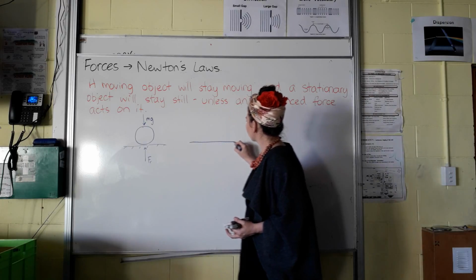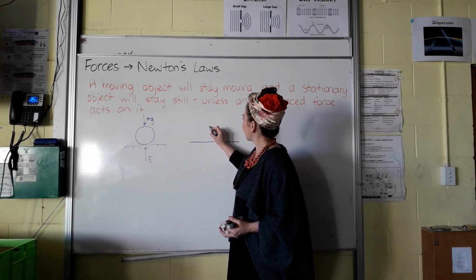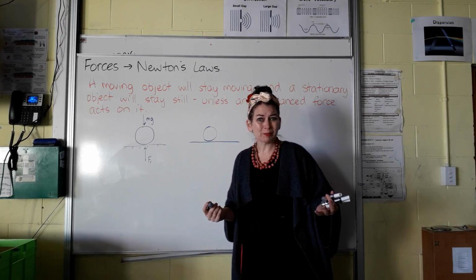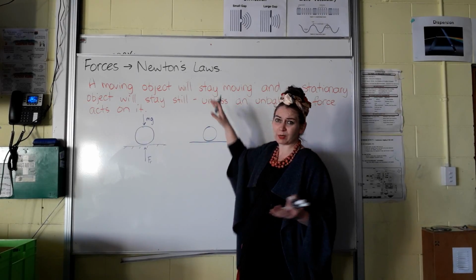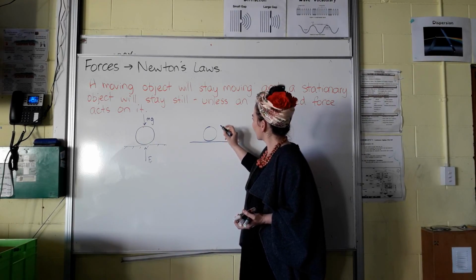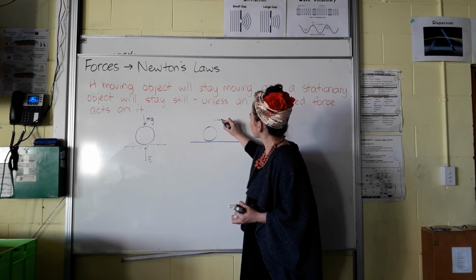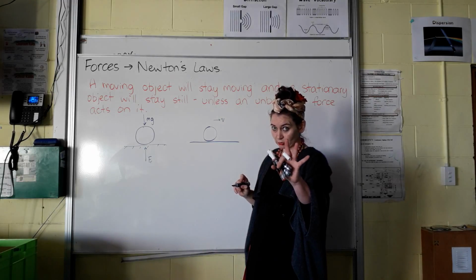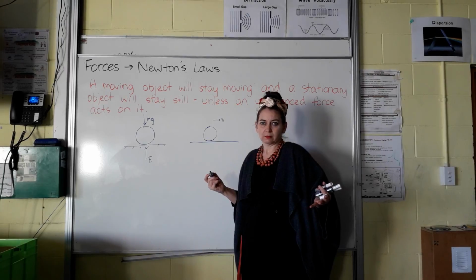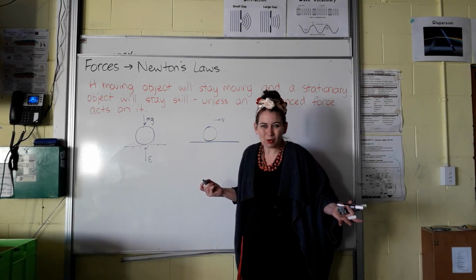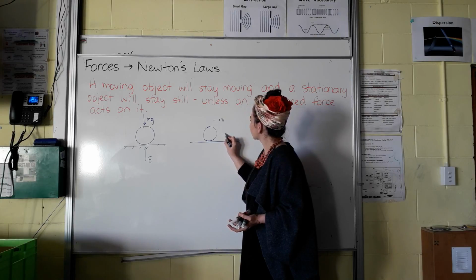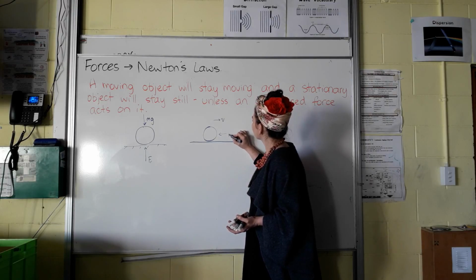We know that a ball that's rolling along the ground will eventually stop. So maybe we're wondering how that happens. I'm going to put a little V on here for velocity, but as you'll see, that changes, it slows down. Why? Well, there's a force acting back against it, a friction force.